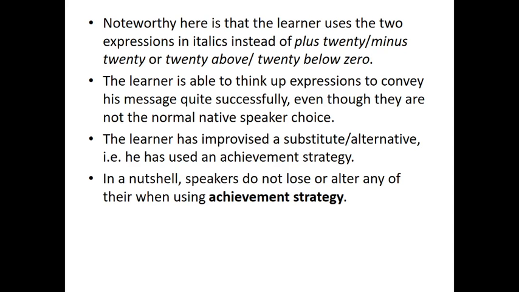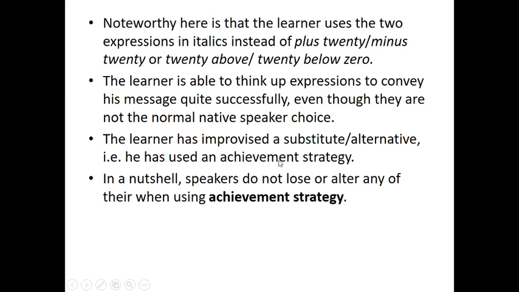Noteworthy here is that the learner uses the two expressions in italics instead of plus 20, minus 20, or 20 above, 20 below 0. The learner is able to think up expressions to convey his message quite successfully, even though they are not the normal native speaker choice. So the learner has improvised a substitute, an alternative.